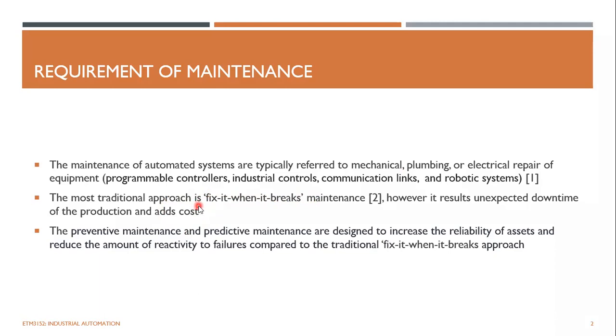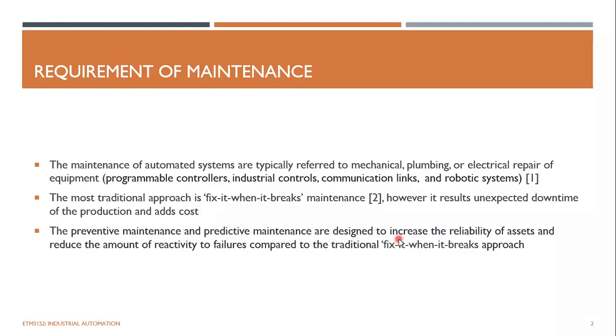There are some other ways of maintenance. Fix it when it breaks was the most traditional approach. If it is a small industry, it could be affordable, but at large scale, this is not a good practice. In that case, preventive maintenance and predictive maintenance were introduced.